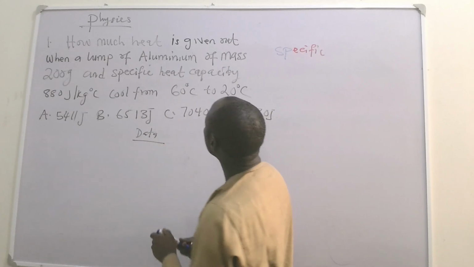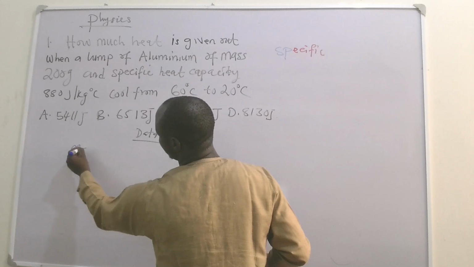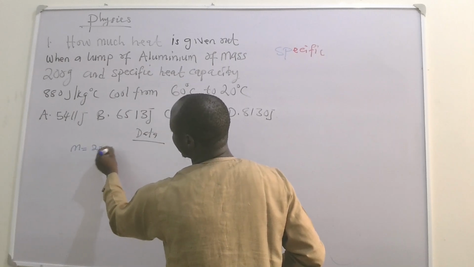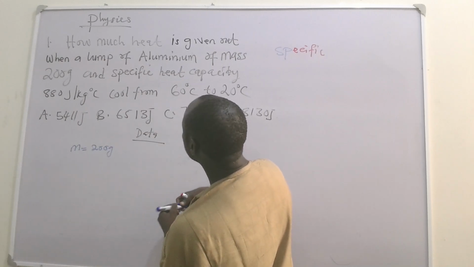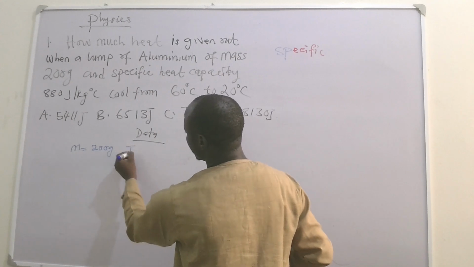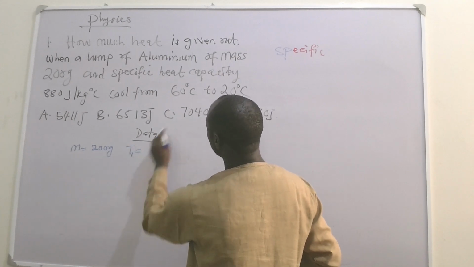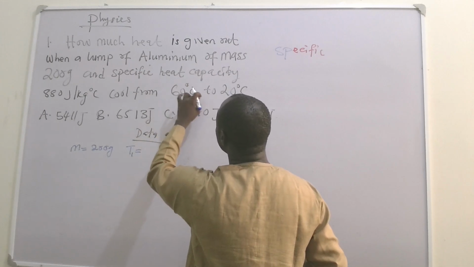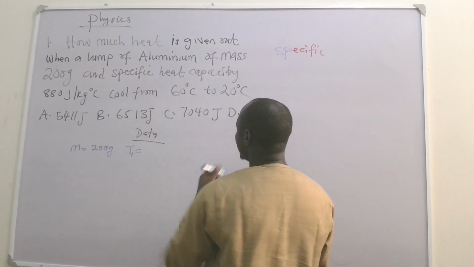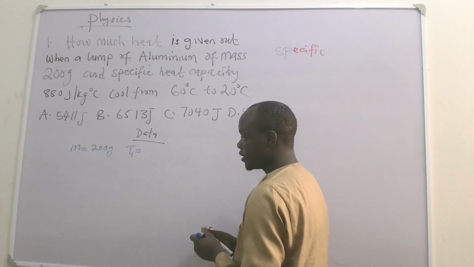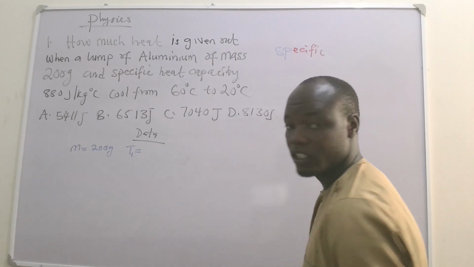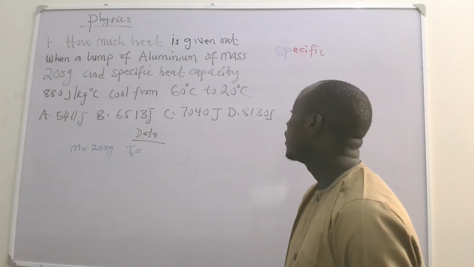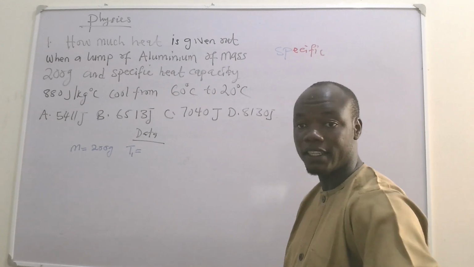So number one, we have mass. The mass is given as 200 grams, and the temperature turns from 60 degrees centigrade to 20 degrees centigrade.